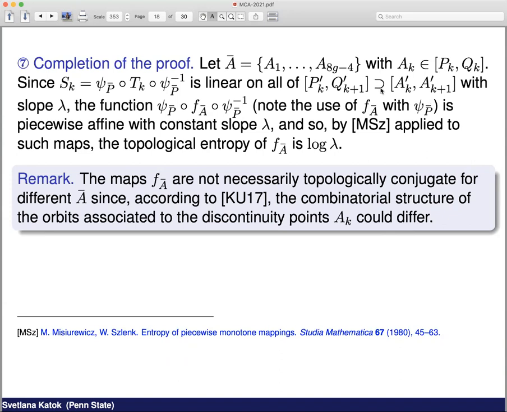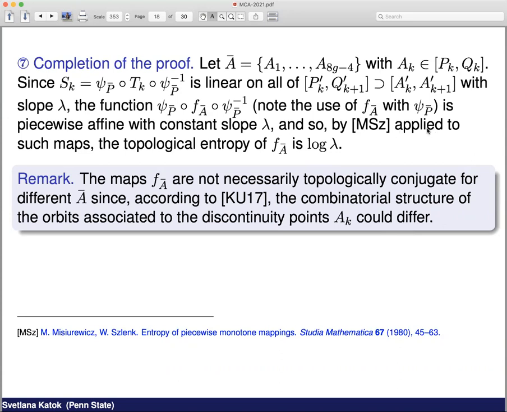And this slope lambda, this function is what you get when you conjugate FA with this particular CP: you get a piecewise affine function with constant slope lambda, okay? And therefore, by Misiurewicz and Szlenk applied to such a map, the topological entropy is log lambda, okay?